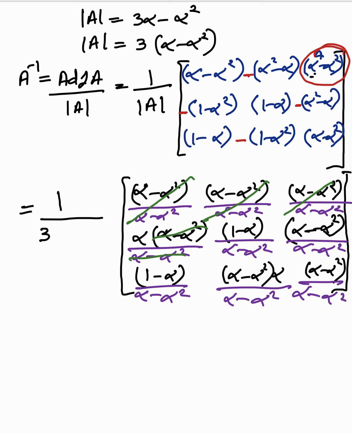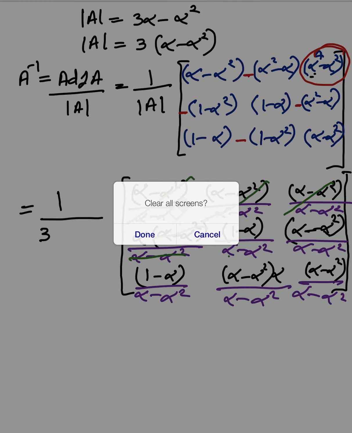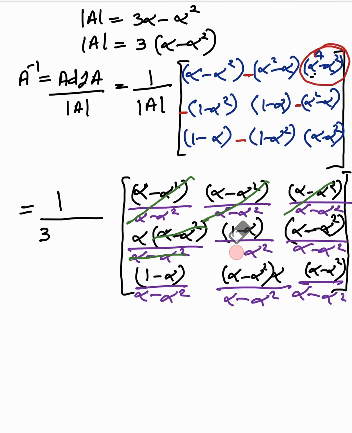Okay, here alpha is alpha minus alpha square, so take the common parameter 1. Okay, from here take the value common 1, so we can write like this, 1 minus alpha, and alpha is common out.